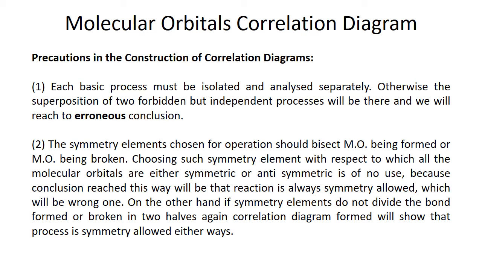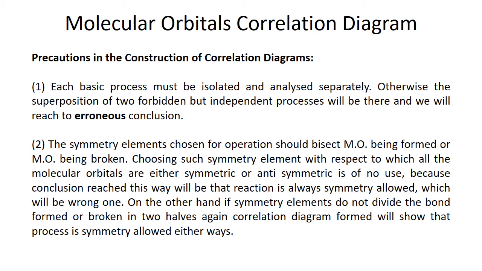But if you carry out symmetry operations considering each and every orbital present on that compound, that is meaningless, because we won't get the exact results, and the correlation diagrams will get very messy.